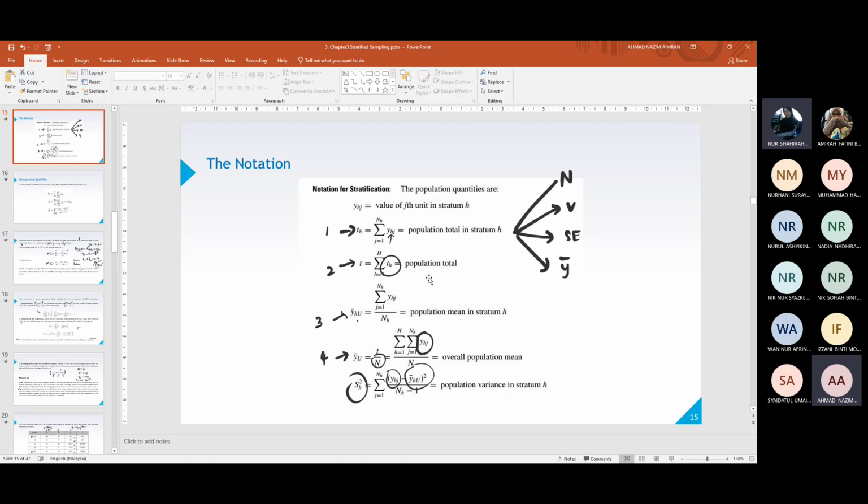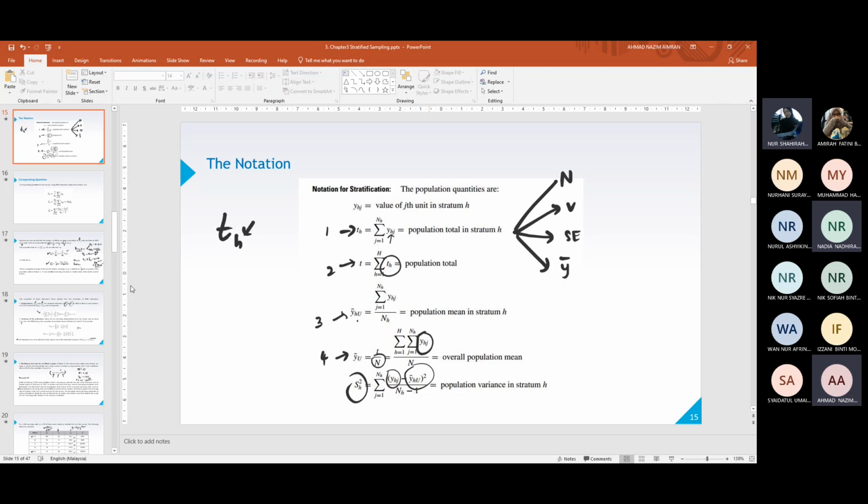TH is the population total. If using simple random sampling, we don't have the h. The small h represents the individual stratum, not the number of stratum.